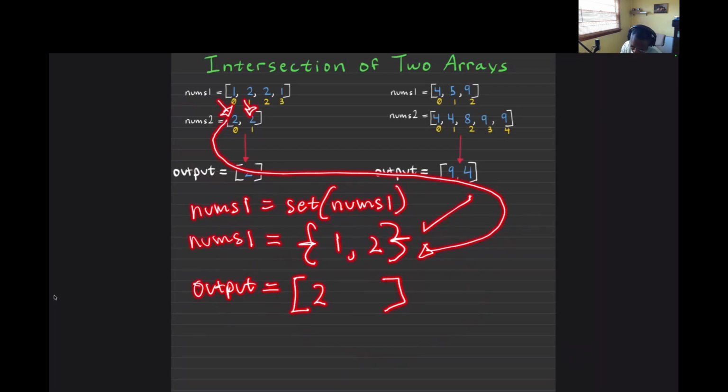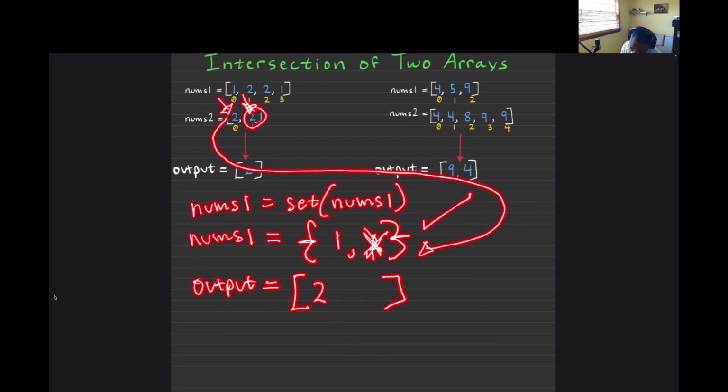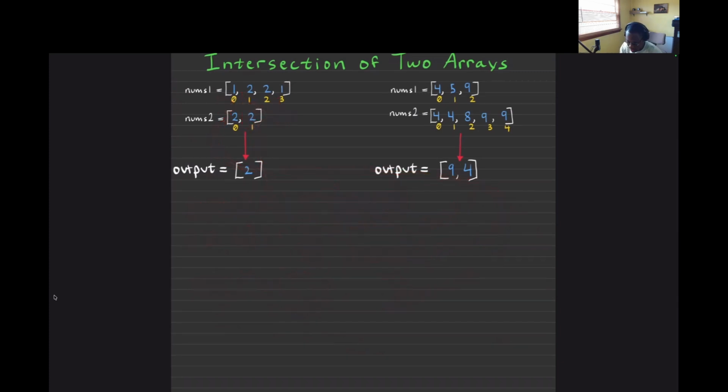Actually, before we increment our pointer, we're going to remove the value from the set, okay? Because now when we increment our pointer and we get here to the second value, which is 2, we have a duplicate, we check, is that value inside of this set? It's not, right? And then once we're done with our loop, we just return the output. And that's the approach, okay?